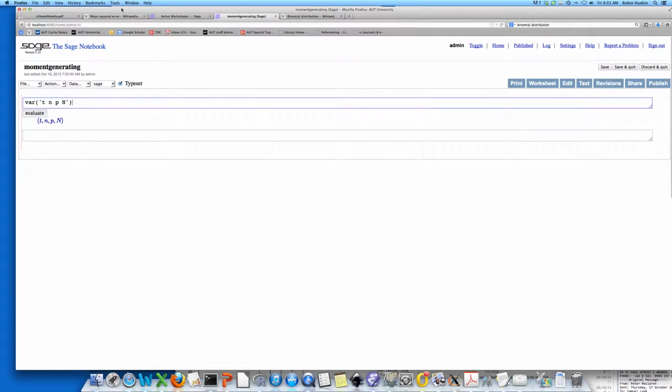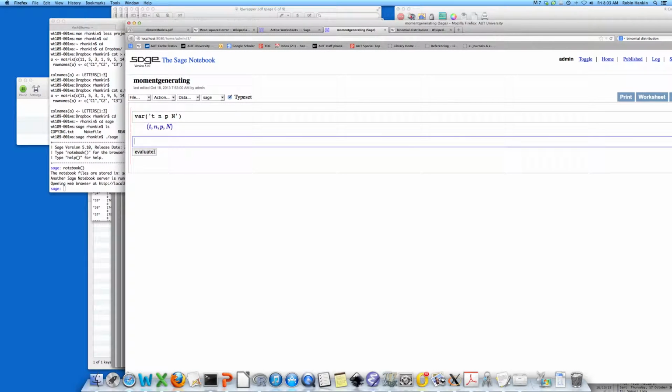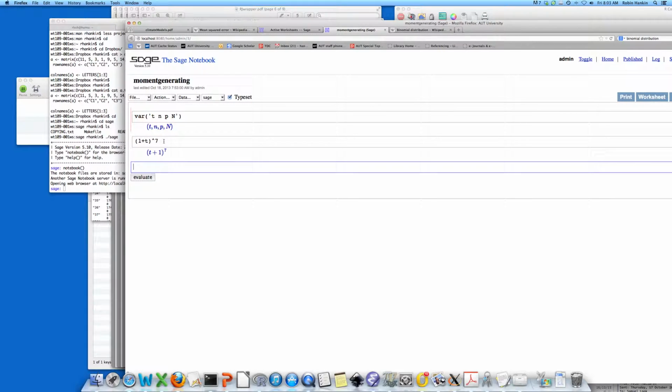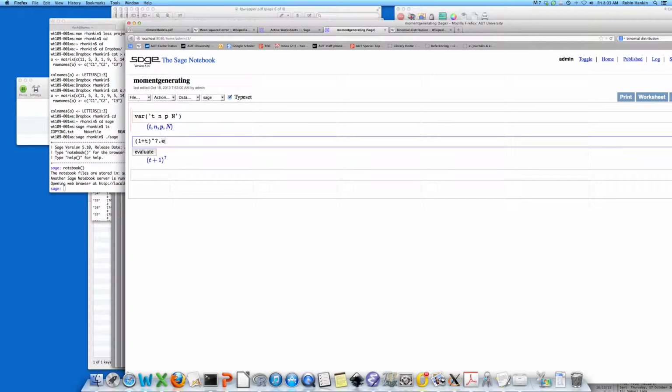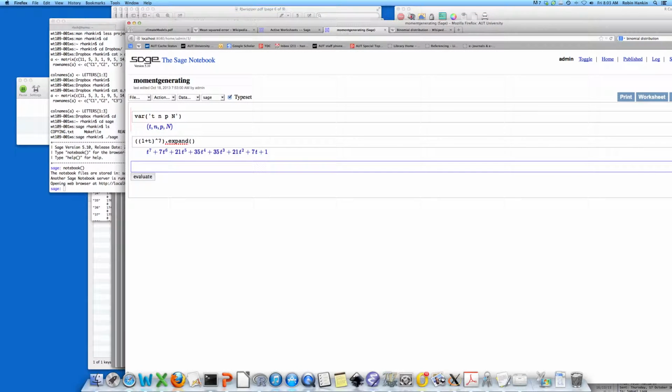Right, so here's Sage. It's just a nice little symbolic calculator. If I type something like (1 plus t) to the power 7, it gives me that. And I can do things like expand it, .expand. Maybe I've got to put this in brackets as well. I think this will work. Brilliant, there it is, so it expands it.